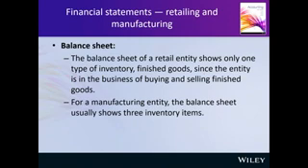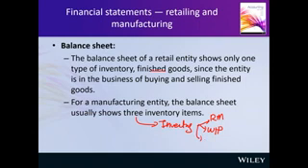So for the balance sheet of retail, we only have one type of inventory, that is finished good. Whereas for manufacturing, we have many types of inventory. We have three types. The first one is raw material. Second is WIP.